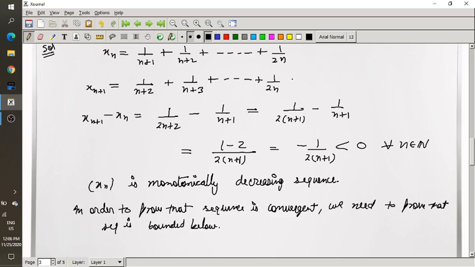1 upon 2n, 1 upon 2n plus 1, 1 upon 2n plus 2. Because how I came to know that, because I have written here 2n plus 2. So there is only an increase of one number. Here it is n plus 2, next is n plus 3, not n plus 4.